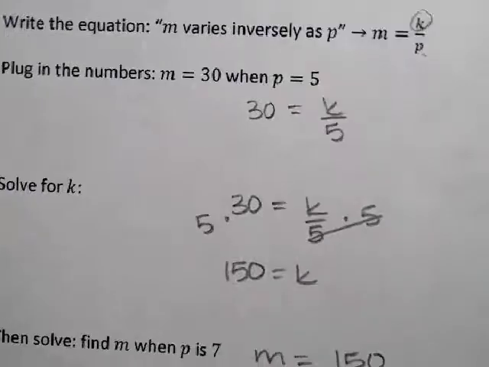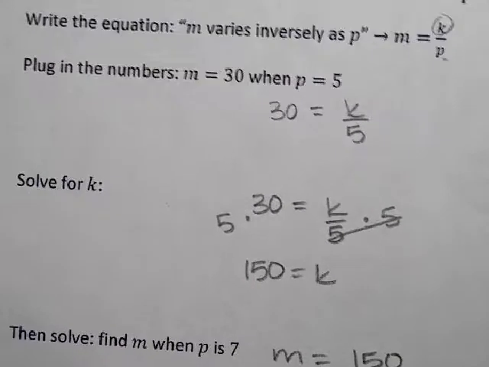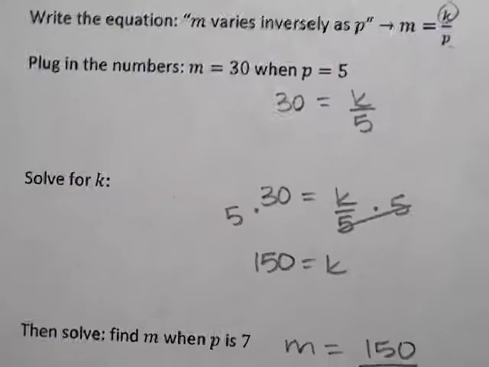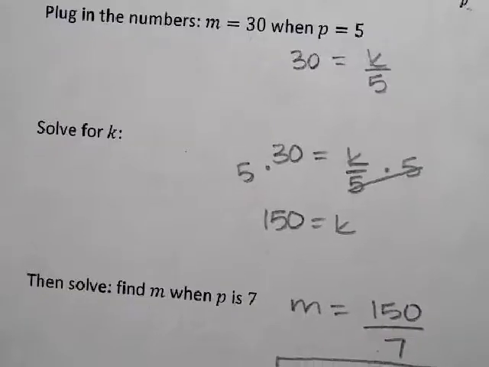I decided not to assign any of the inverse variation problems, mostly because that's something that you guys practiced last year a lot, and I don't expect you to be tested on it, and because it's something you've done before, I wanted to focus more on something that you probably haven't done before.